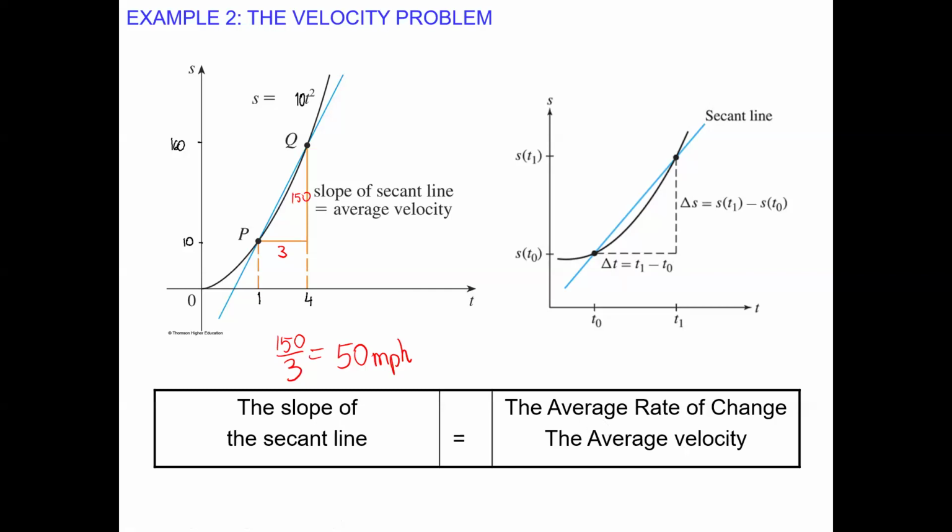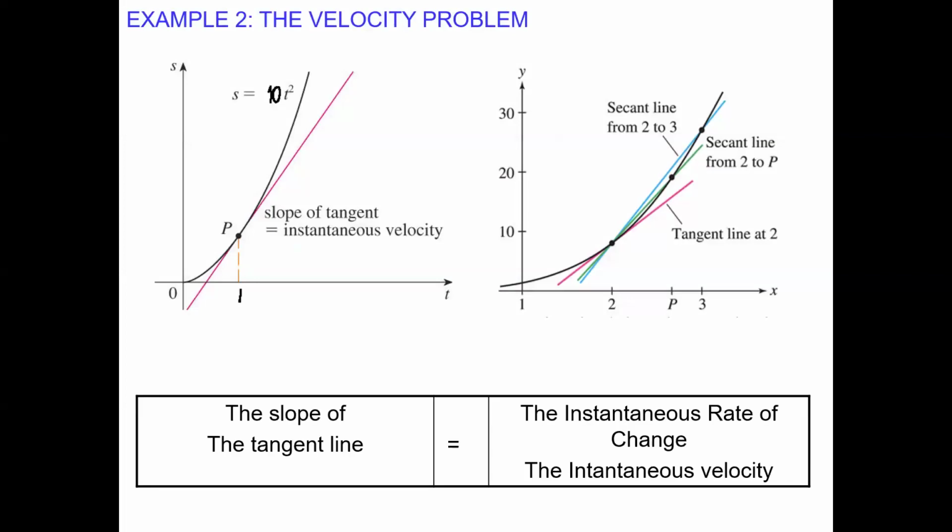Okay, now the calculus part. Slope of the tangent line will represent the instantaneous rate of change, instantaneous velocity, if we're talking about distance over the time. Yes, and we know the process. If we would like to find out, let's say this is 1.